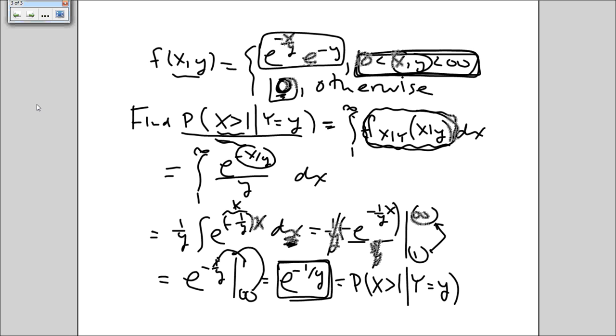Here's the answer. Y is bigger than 0. So if y is 7, the answer will be e to the negative 1 over 7. That is, the probability that x is bigger than 1, given that y is identically 7, is going to be e to the negative 1 over 7.